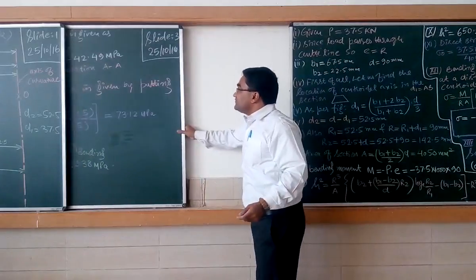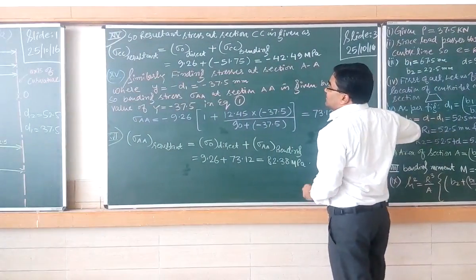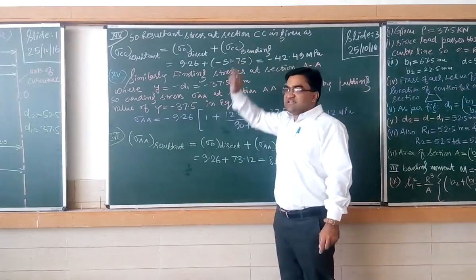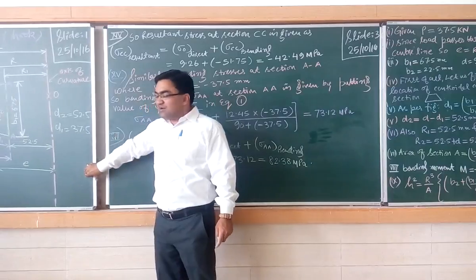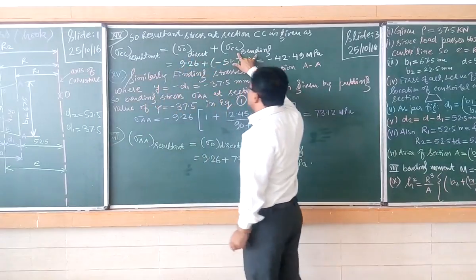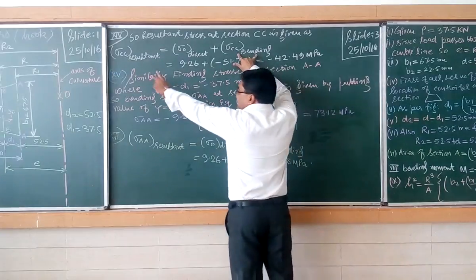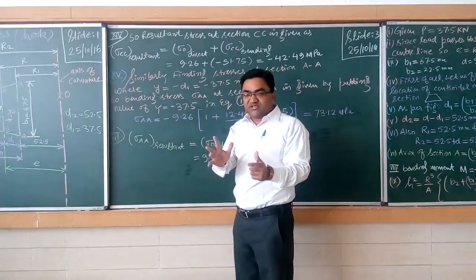Let us see. So what will be the resultant stresses at section CC? Two types of stresses are applicable. One is your direct stress sigma naught and second is your bending stress. So the resultant stress at section CC will be equal to the summation of these stresses.